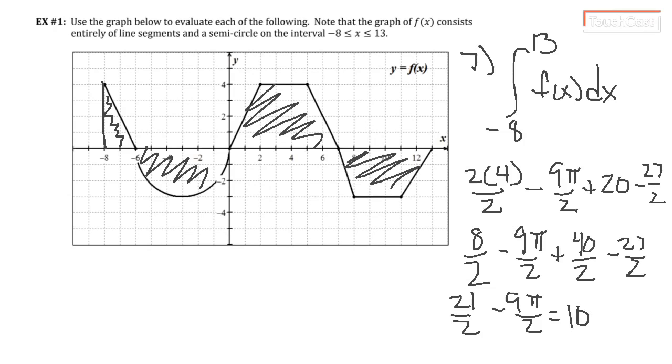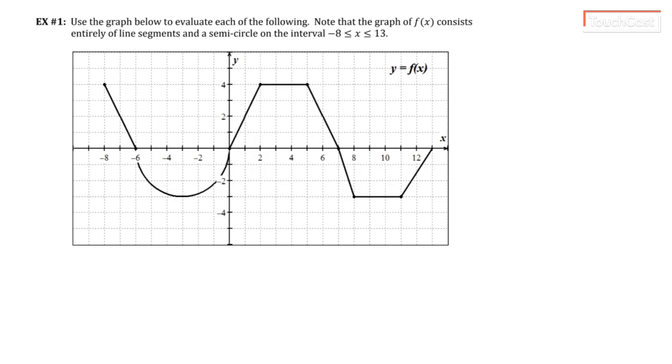So our answer we're going to give is 10.5 minus 9 pi over 2. Now, I'm also fine with you giving an approximate answer. So you could put 9 pi over 2 into your calculator and just bring this down to one single number.